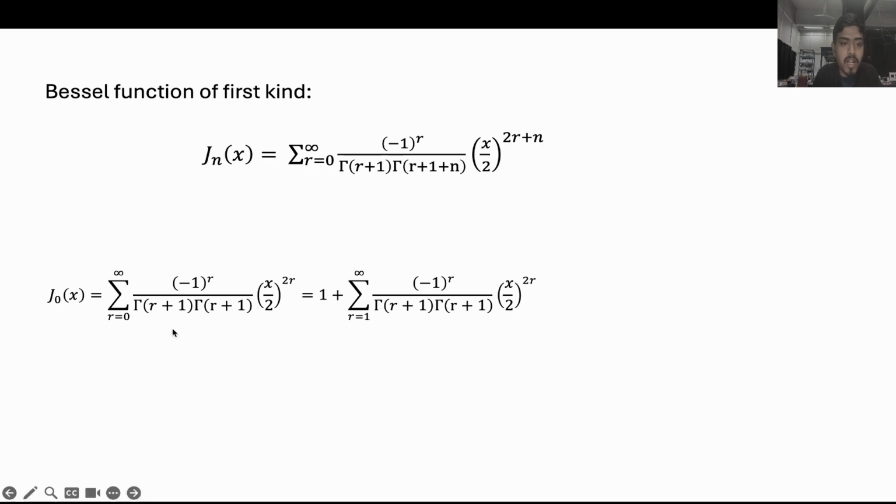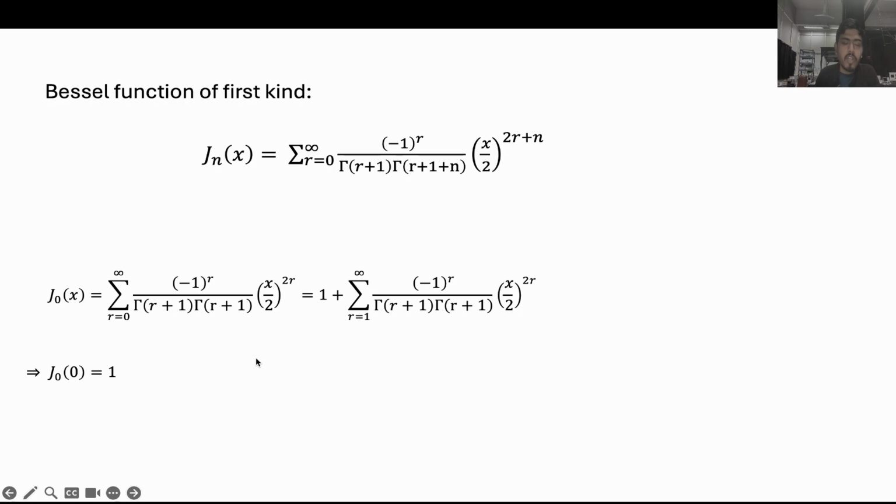So the n equals 0th term is 1, and then there will be other terms for r equals 1 to infinity. For all the other terms in the summation, there will be x multiplied with it. And now if we put x equals 0, we will see that J0 at x equals 0 is nothing but 1.